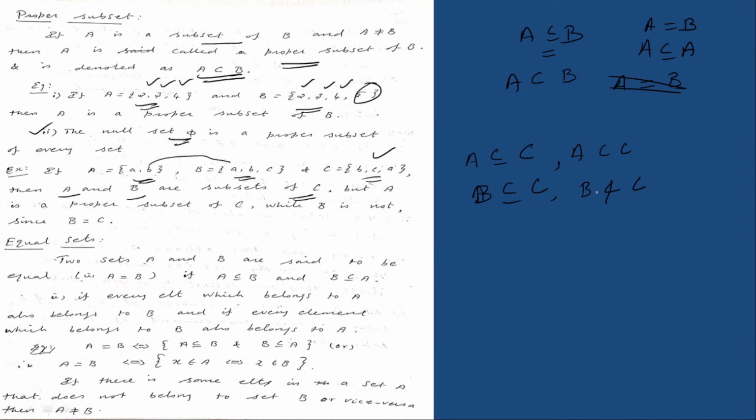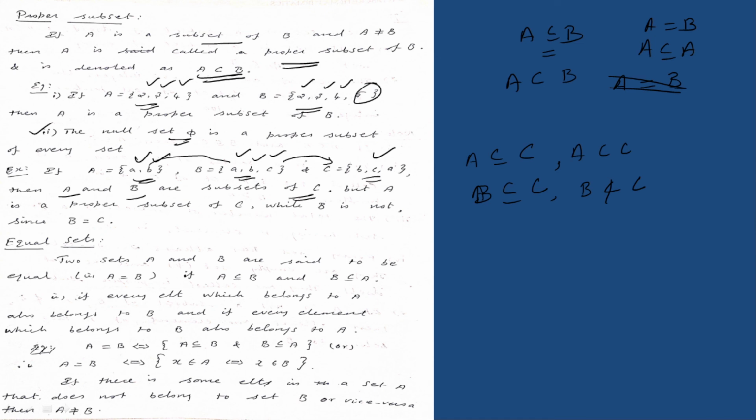Because A consists of only 2 elements a, b, and C consists of 3 elements a, b, c. Ordering in the set elements doesn't change the set. Here a, b, c is written in a different order, but both sets are the same.